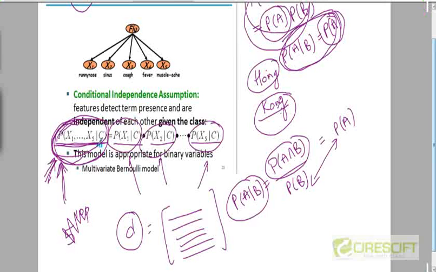In that case, this probability will become 0 if you were to literally compute this by looking at your training data. But by splitting it like this, it's likely that each of these 1,000 words occurred somewhere or the other in the training data. And then these can be independently computed and then multiplied.